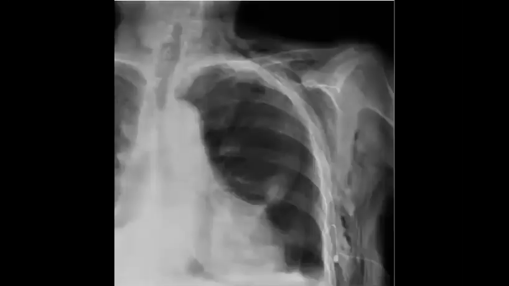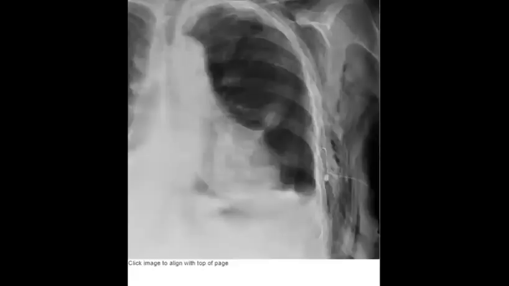When you find surgical emphysema, you will search for pneumomediastinum. Okay. And what happened here?